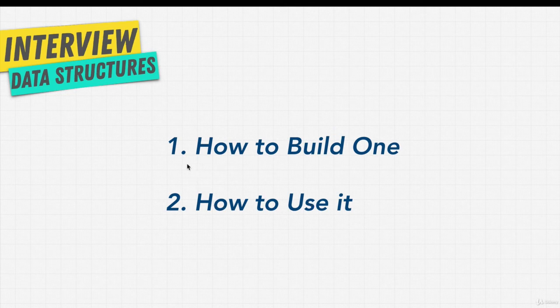Because data structures are usually just tools, and most of the time they're already pre-built for us. The most important part is how to use them, when to use one over the other. And we saw a little bit of that in the previous section when we talked about how to solve problems, where we used an object versus an array to make our code more efficient.